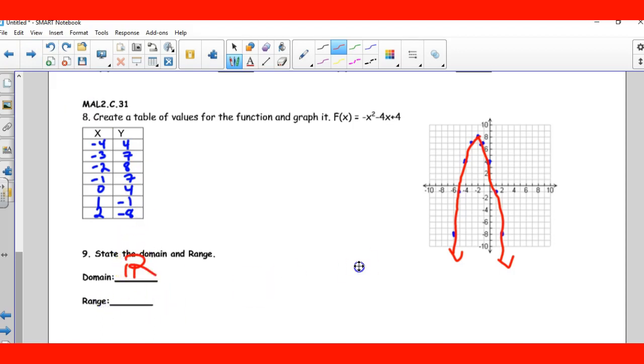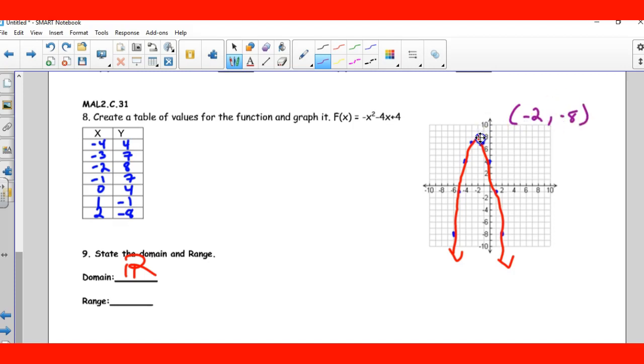Now, for the range, this is the maximum right here. That maximum is this point right here, negative 2, 8. That's our maximum.